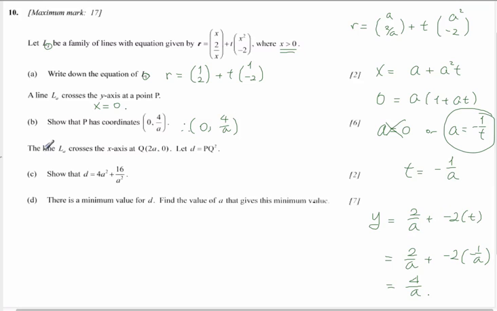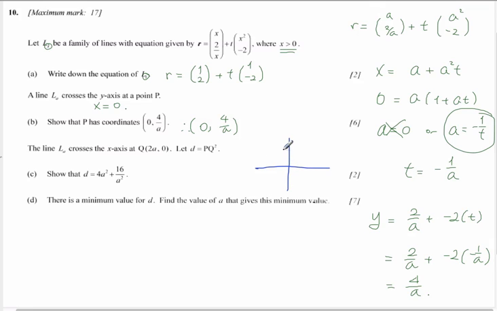The line L sub a crosses the x-axis at (2a, 0). Let d equal PQ squared. Alright, so I'm just going to draw here.